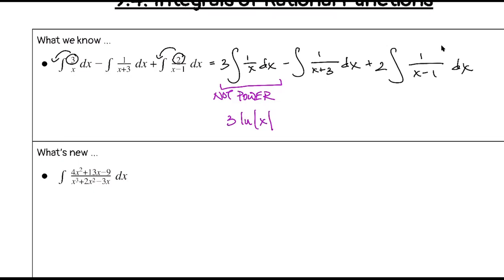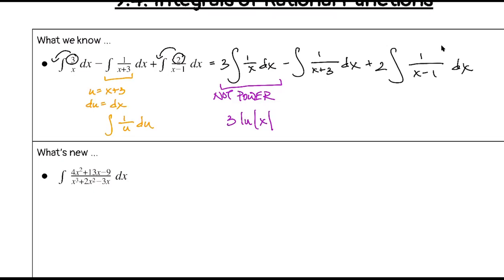So if I use u sub for this one, that would mean that my u would be x plus 3, and my du would be dx, okay? So what that means is when I substitute, I actually end up with the integral of 1 over u du, okay?